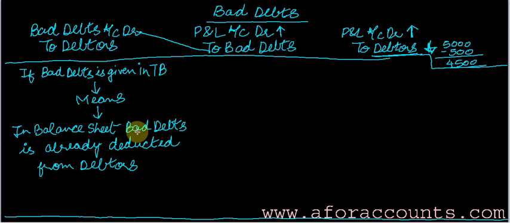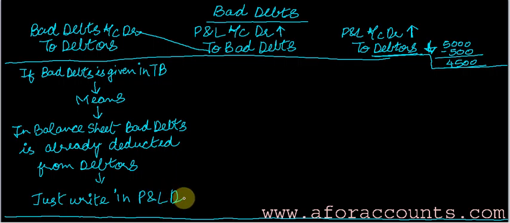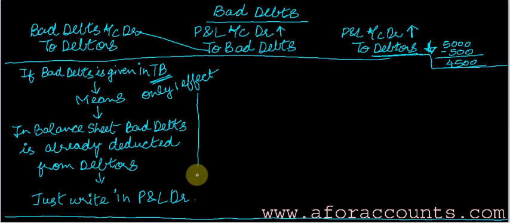It has already been deducted because such bad debts are present in your trial balance. So what you will do, the amount of bad debts given, just write in your P&L debit side, bad debts is your expense. So when it is in the trial balance, only one effect, that is in your P&L.